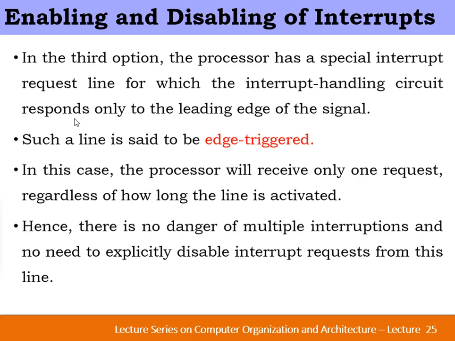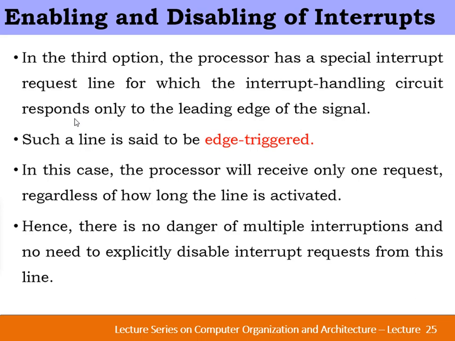In the third option, the possibility is how and at what time a processor can accept the interrupt request signal. The processor has a special interrupt request line, from which the interrupt handling circuit responds only to the leading edge of the signal.